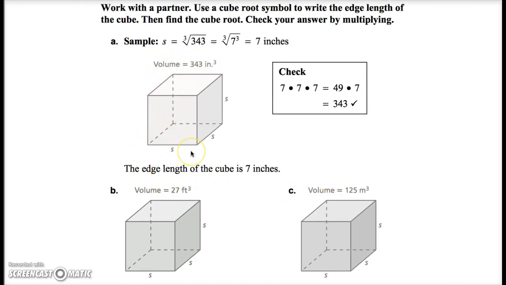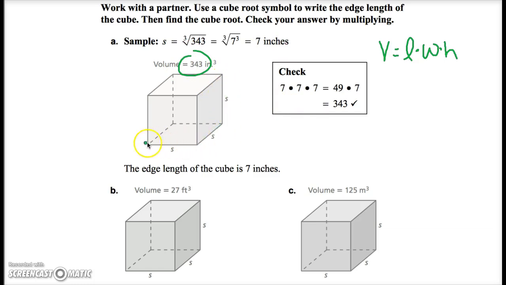Okay, and if you remember, to find the volume of a cube, you take the length times the width times the height. And what's special about a cube is all of those will all be the same number. So what they've done on part A is they tell us that the volume is 343. Based on that information, they want to know what is the length of each side.